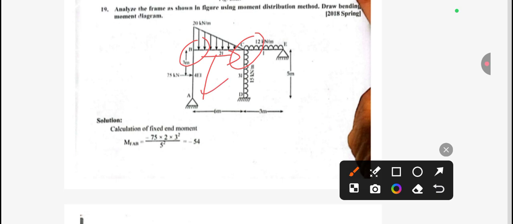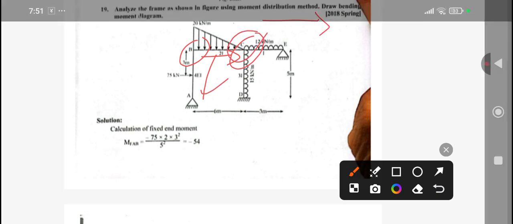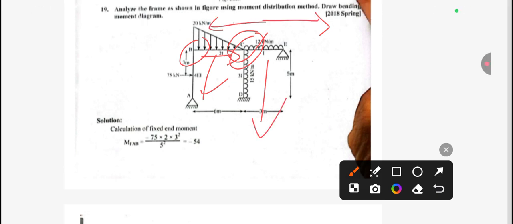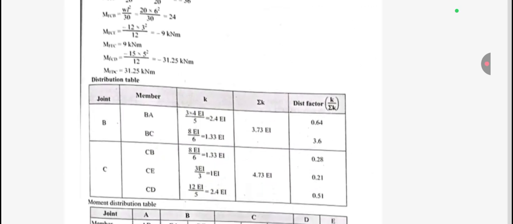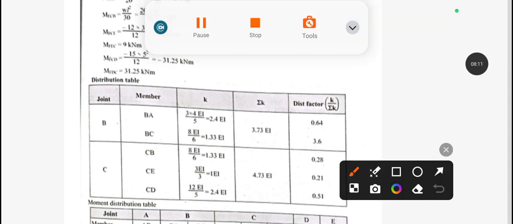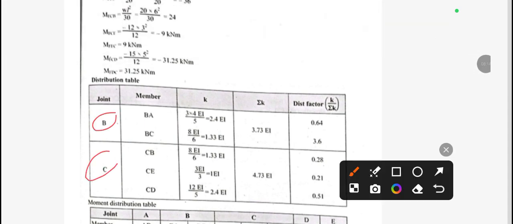But in the case of point C, you can see we have three different members. First one like this, second this, and third this. So for B we have two members, for C we have three members. So first we have to write here for the distribution table: joint B and C. For B, as I said, 2 members and this is 3 members.